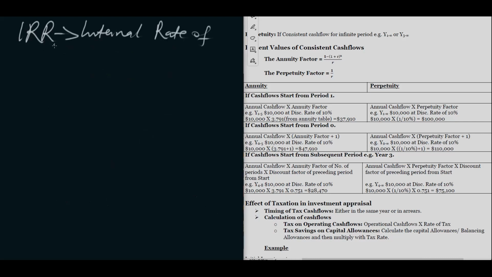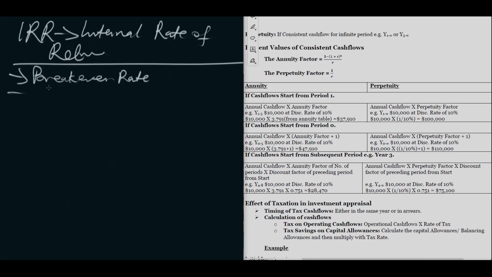Now, internal rate of return, also known as the break-even rate. So it has a lot of names. We can call this the break-even rate. We can call this the hurdle rate. We can call it the gross yield or gross redemption yield.